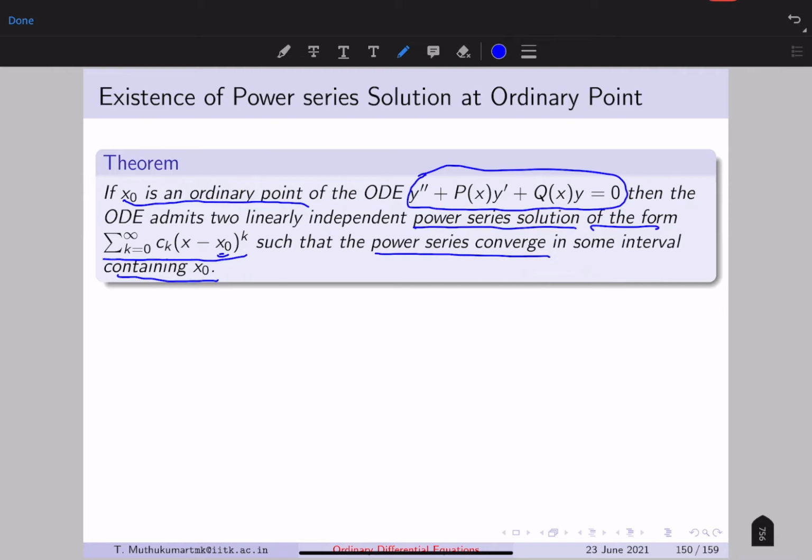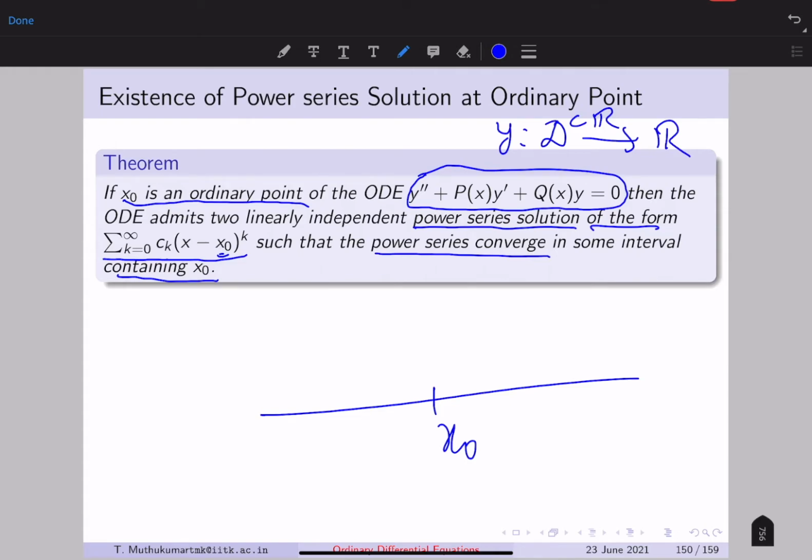When I say neighborhood, I should not use that word here. What I mean is that x0 is some real number, and we know that x0 is an ordinary point in the domain. So this x0 is coming from the domain of this function y, whatever the domain D is, which is a subset of R. So x0 is in some D, and in some neighborhood of x0 the power series converges, which means the solution exists in that neighborhood.